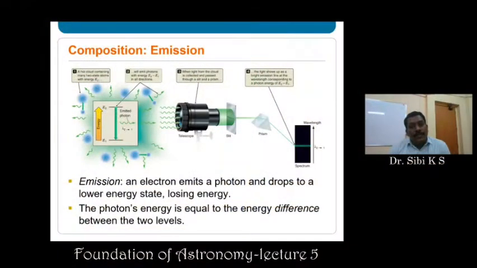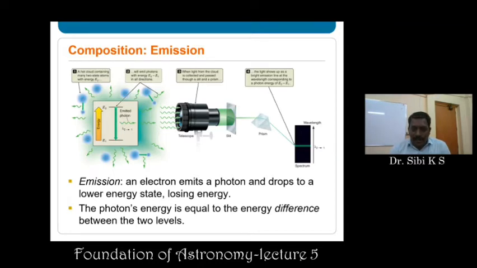Now let us discuss what happens in emission spectra. An electron emits a photon and drops to a lower energy state, losing energy. A cloud containing many two-state atoms with energy E2 will emit photons with energy E2 minus E1 in all directions.